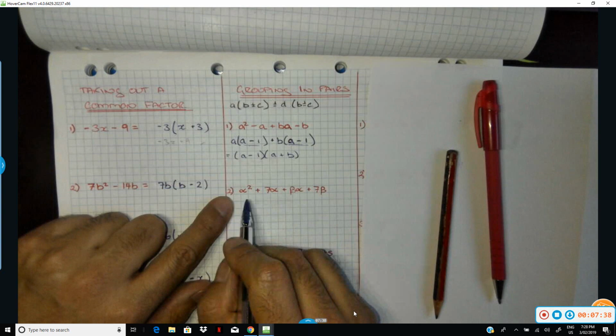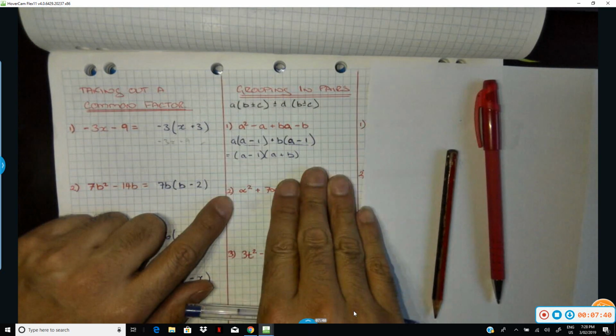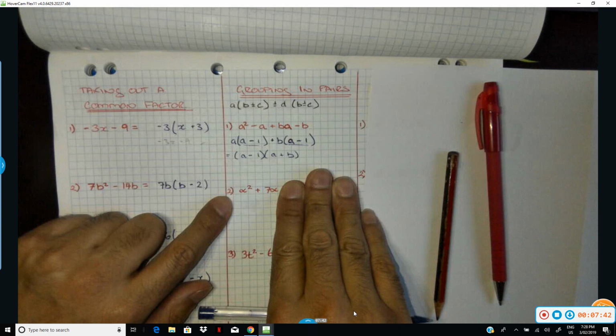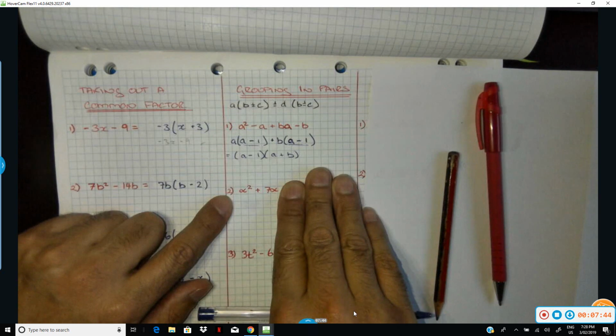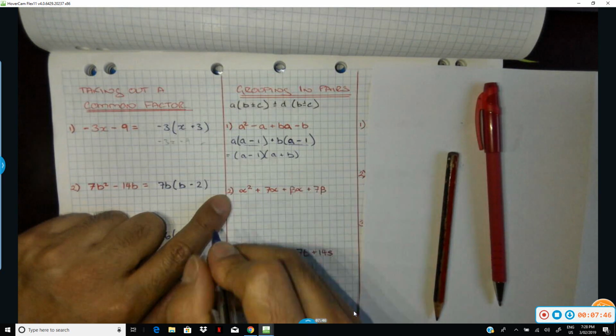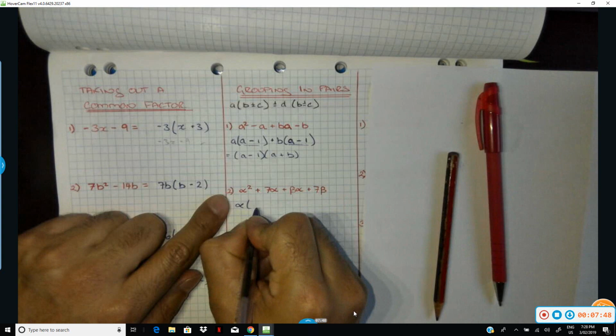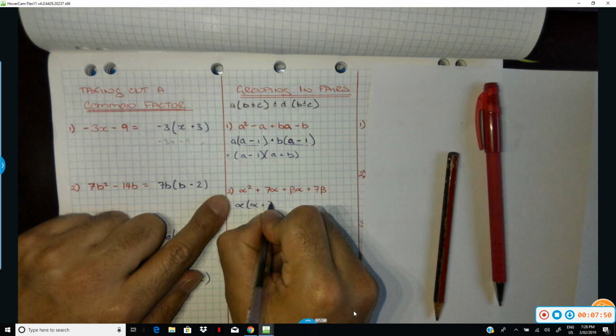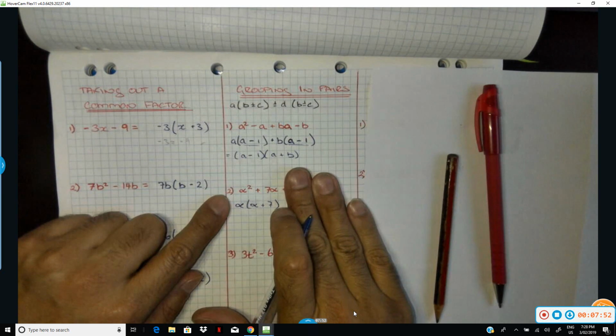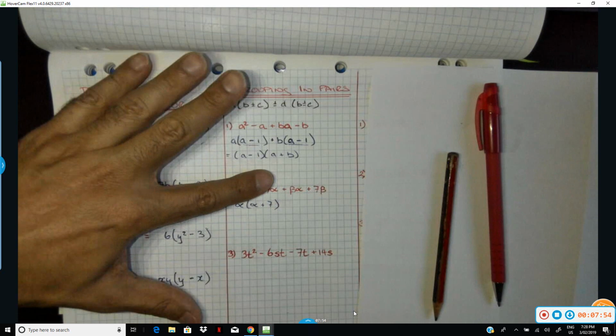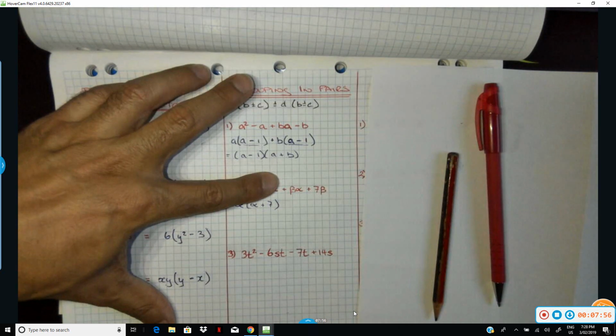Okay. Same idea. So alpha squared plus 7 alpha. The common factor here is alpha. Put that on the outside: alpha plus 7. And then beta alpha plus 7 beta.